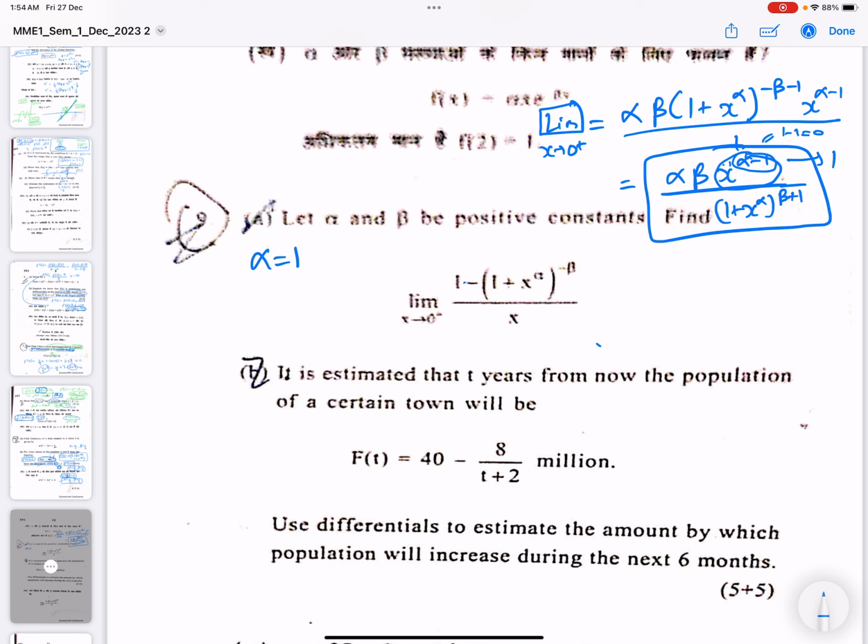Alpha is 1, so in the numerator we have beta, and in the denominator 1 plus x to the power alpha, when alpha is 1, to the whole power beta plus 1. As x approaches 0, 1 plus 0 to the power 1 into beta plus 1 would be 1 to the power beta plus 1, so this is 1 only. So this would be the limit when alpha equals 1.